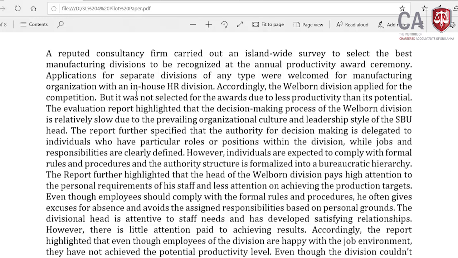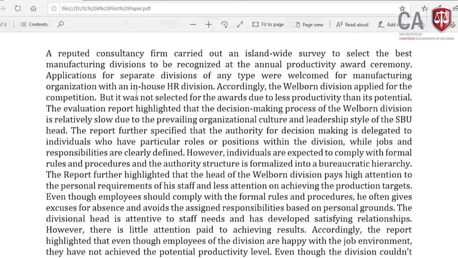The report further specified that the authority for decision making is delegated to individuals who have a particular role or position within the organization, while jobs and responsibilities are clearly defined. These are the pieces of information that connect with this particular question, right. However, individuals are expected to comply with formal rules and procedures, and the authority structure is formalized into a bureaucratic hierarchy.